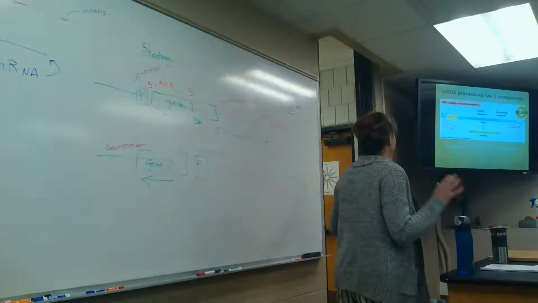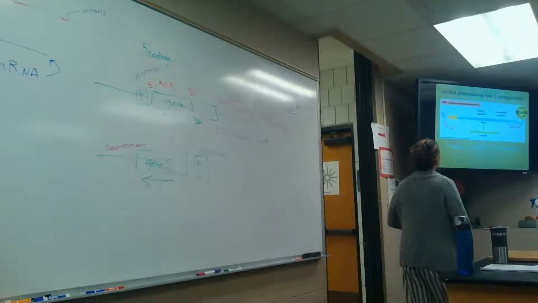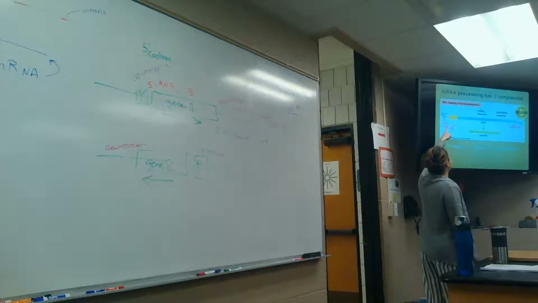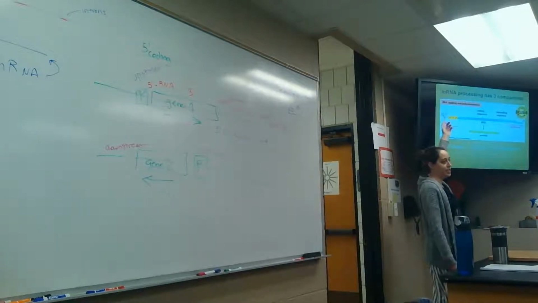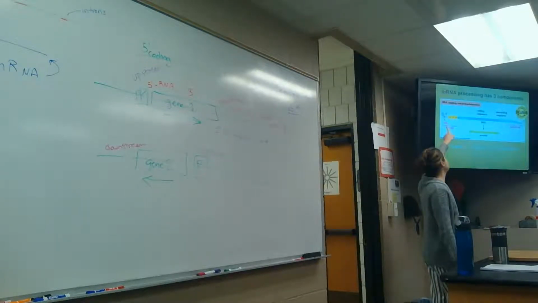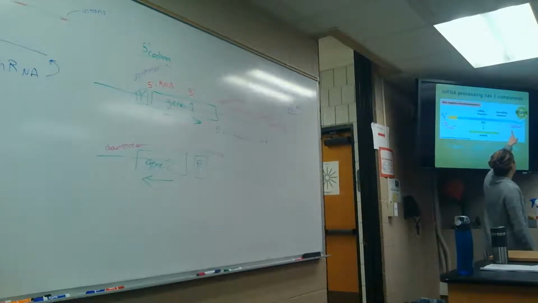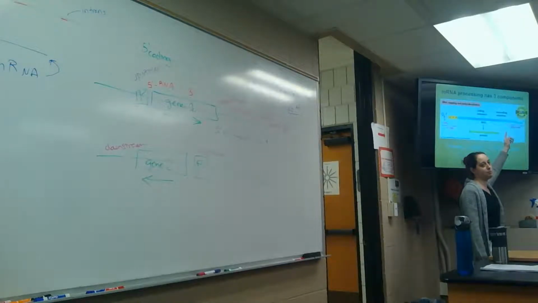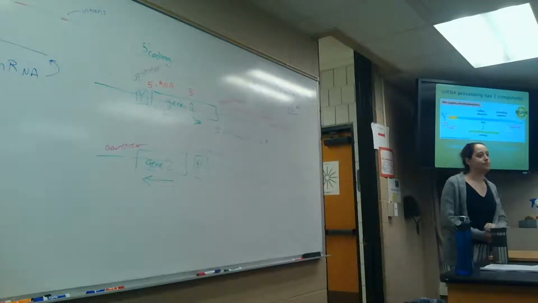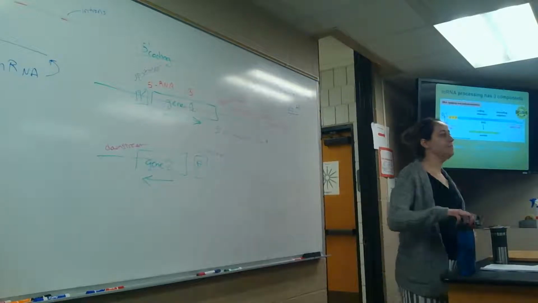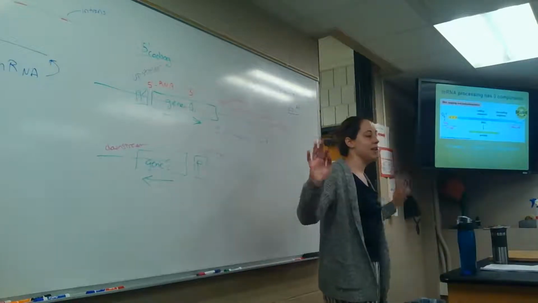You see that it has a 5' cap. The 5' cap is actually just a modified nucleotide, a modified G, and the 3' tail, the poly A tail, is also made of nucleotides, just a bunch of A's. That's what's on either end of the mRNA.